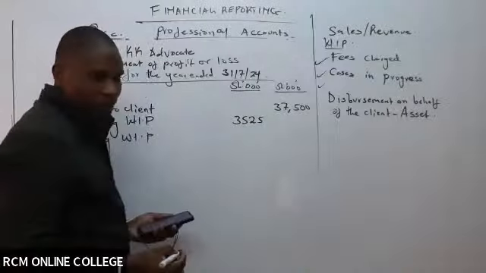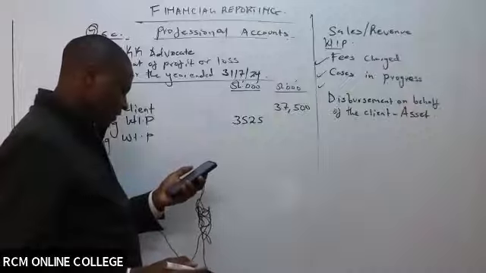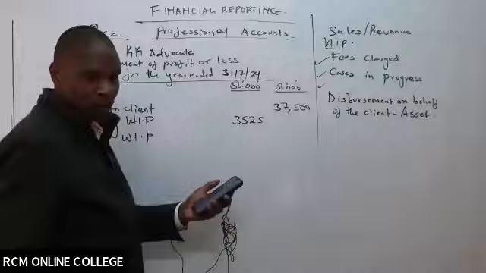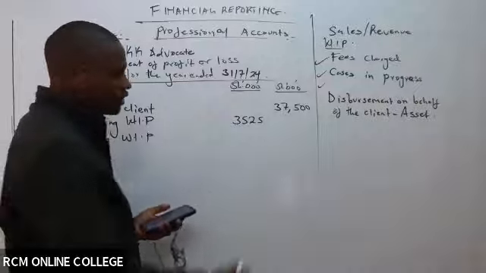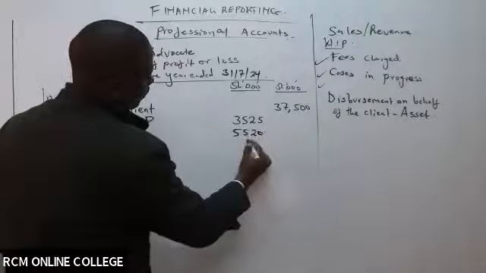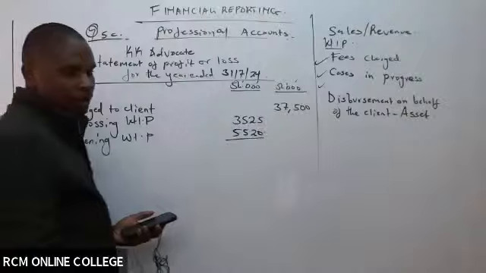And then we have opening WIP. What is the value of the opening WIP? It is 5520.